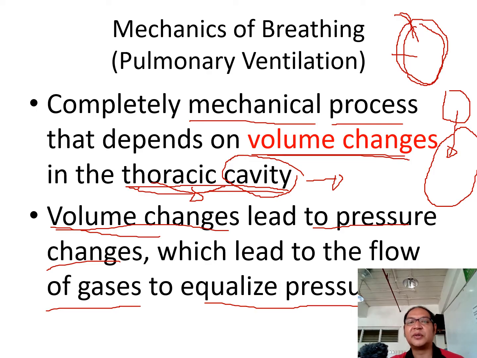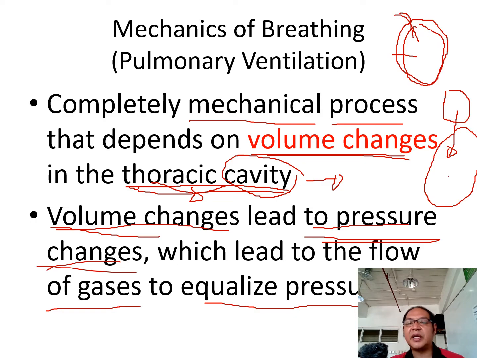So the container is the size of the volume of the air. So if you inhale, the lungs expand and the volume increases. Another rule here, it will lead to pressure changes. The rule is, the greater the volume, the lesser the pressure.